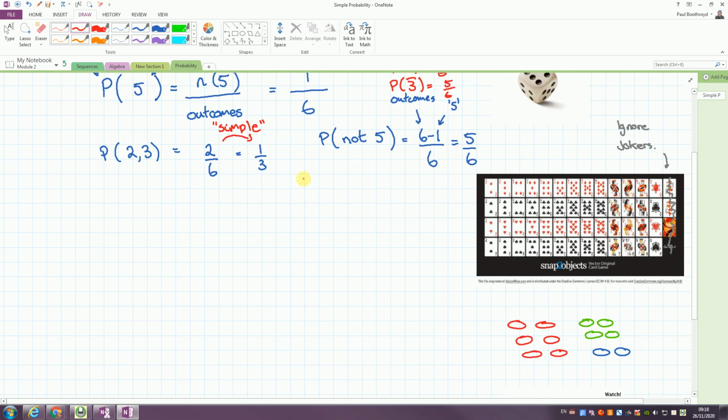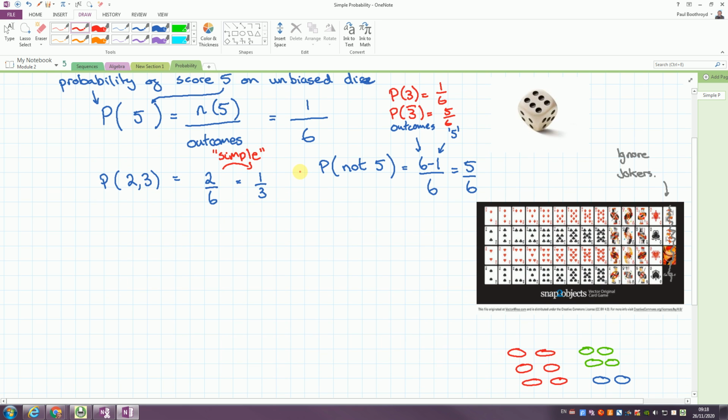The next section I want to do is cards. I'm playing with cards. So we've got some cards here, and we want to know what's the probability of a queen. And we look down the set of cards and we know, there's my queens. There's 4 of them.